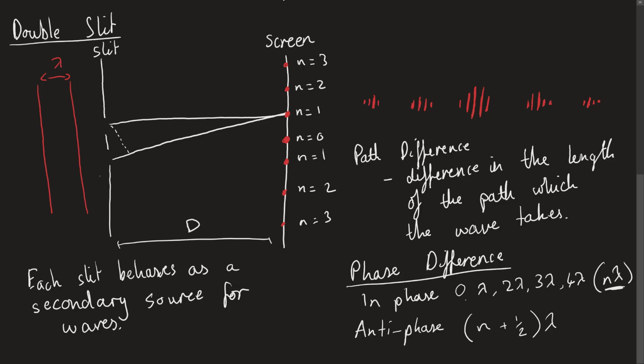They will constructively interfere, and they will form that fringe. If we were to go a little bit further along, then they both have to travel a slightly longer distance. And if that distance is not equal to a whole number of wavelengths, then it undergoes destructive interference because they're in antiphase. As long as it's exactly a half, there'd be kind of a small decrease in intensity.